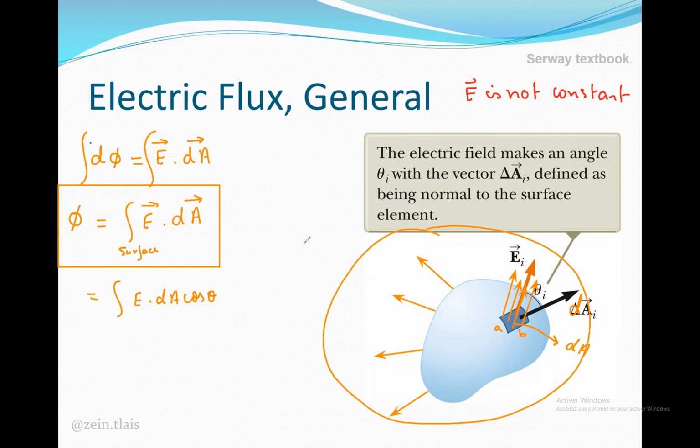And if you have another case where E is constant, you can take E out, and you will arrive at the same result: if E is constant, flux equal E times A cosine theta. But in this case, we don't have a constant field. So the flux equal integral E dA cosine theta.